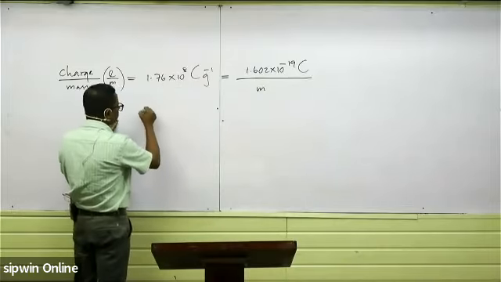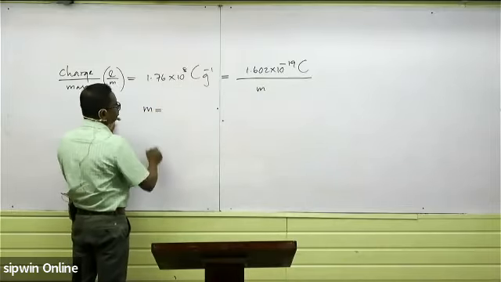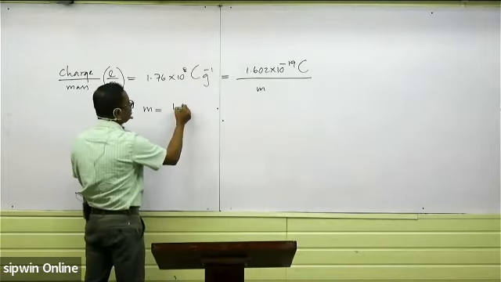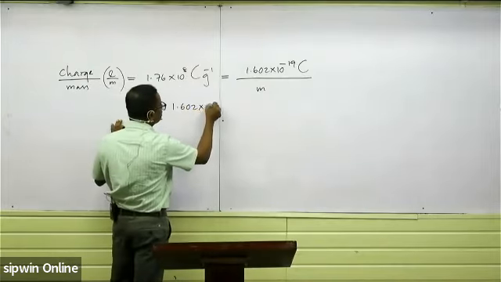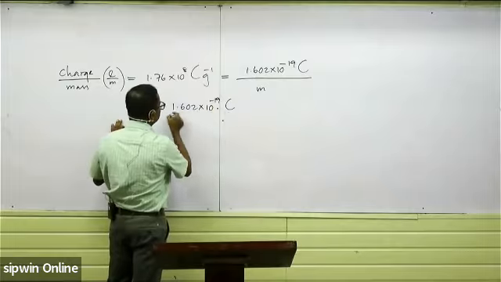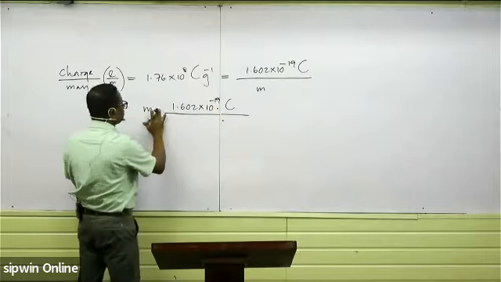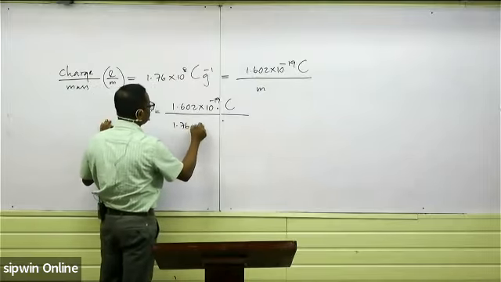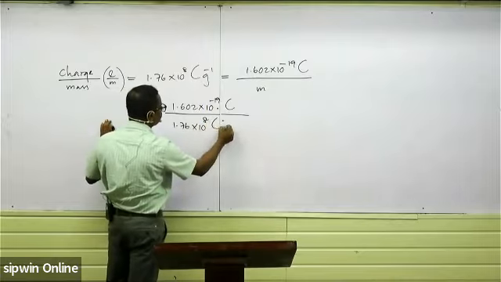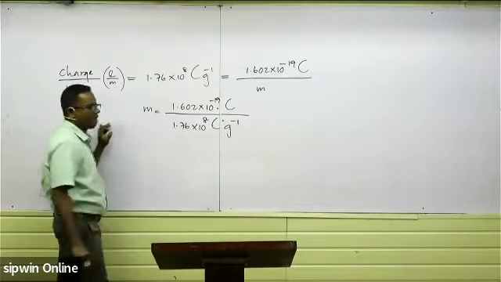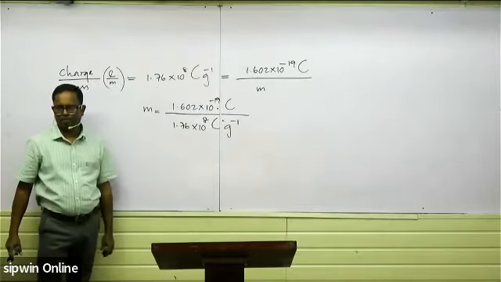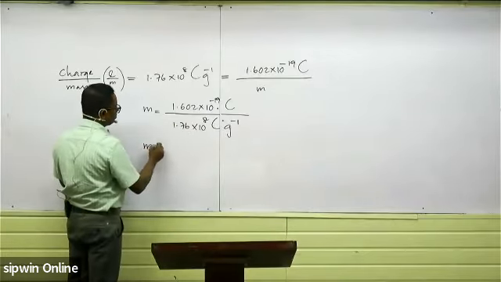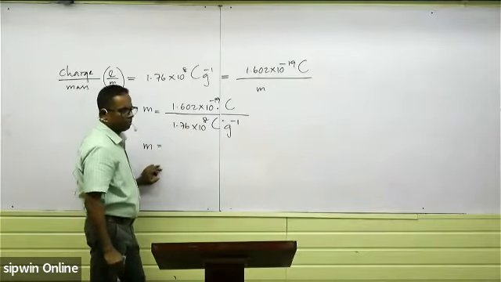Therefore, mass equals 1.602 × 10^-19 coulombs divided by 1.76 × 10^8 coulombs per gram. Coulomb cancels, per gram comes up, and then we get the answer in grams. m equals.